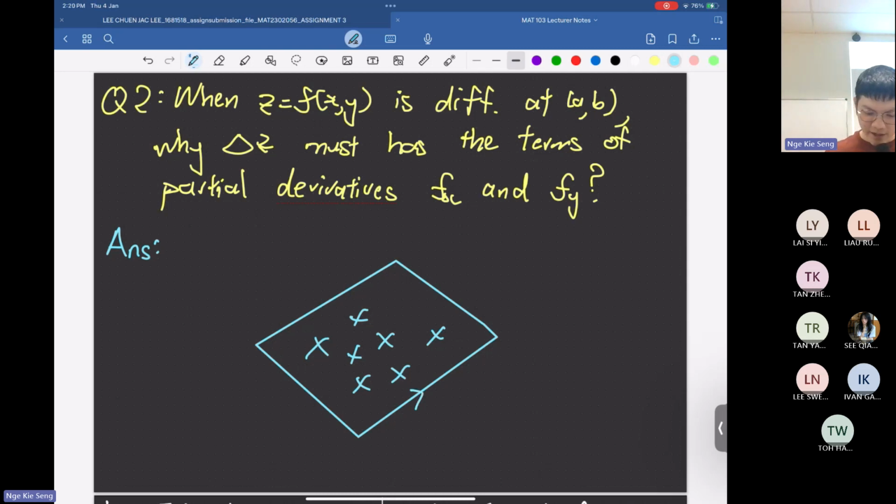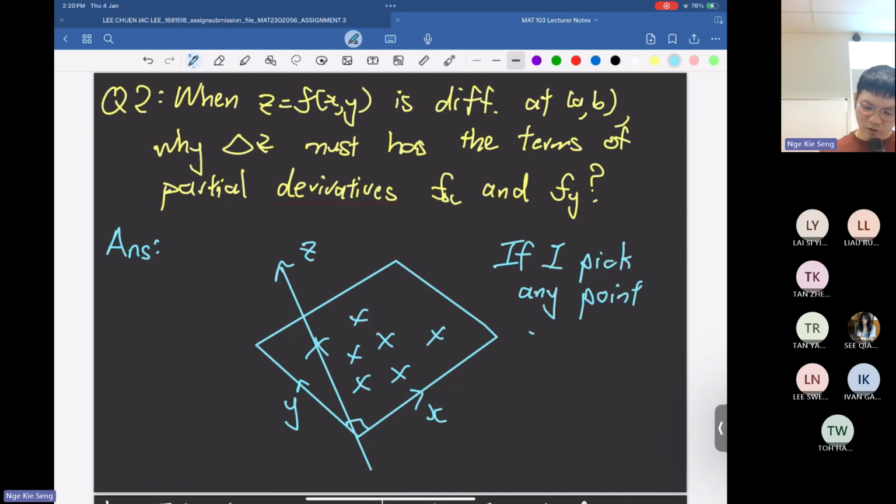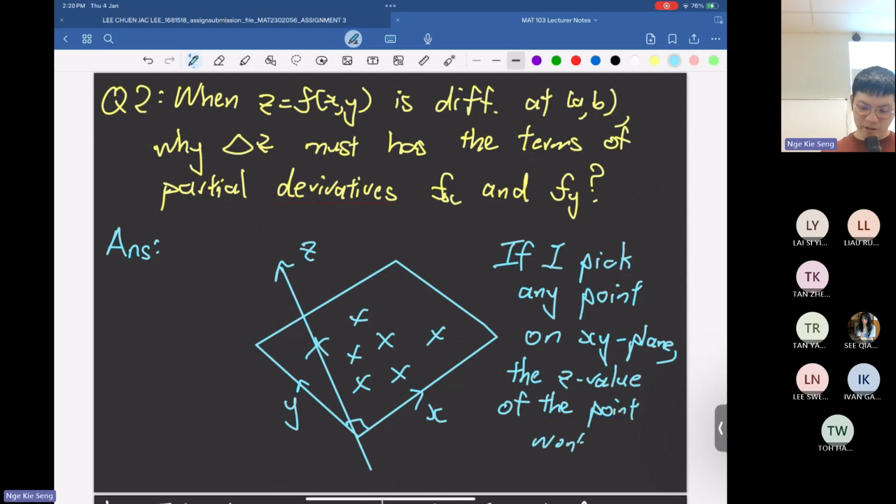So if I pick any point on the xy plane, here y, here x, the z value of the point won't change.